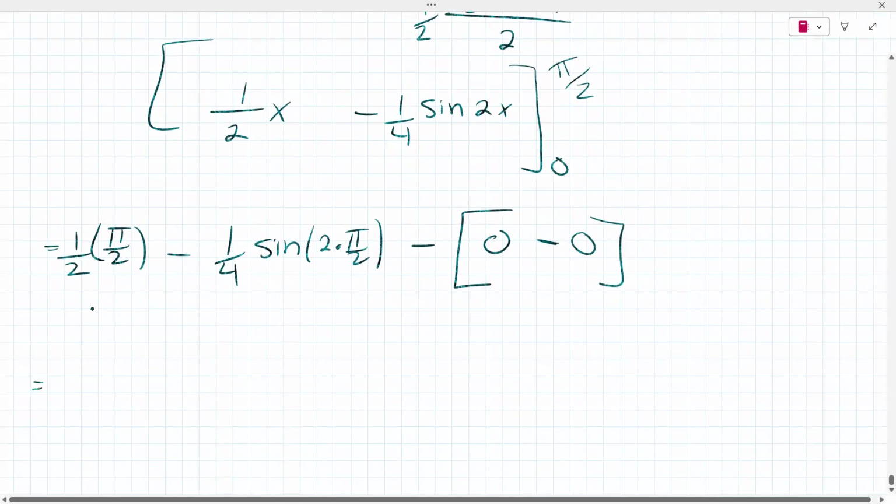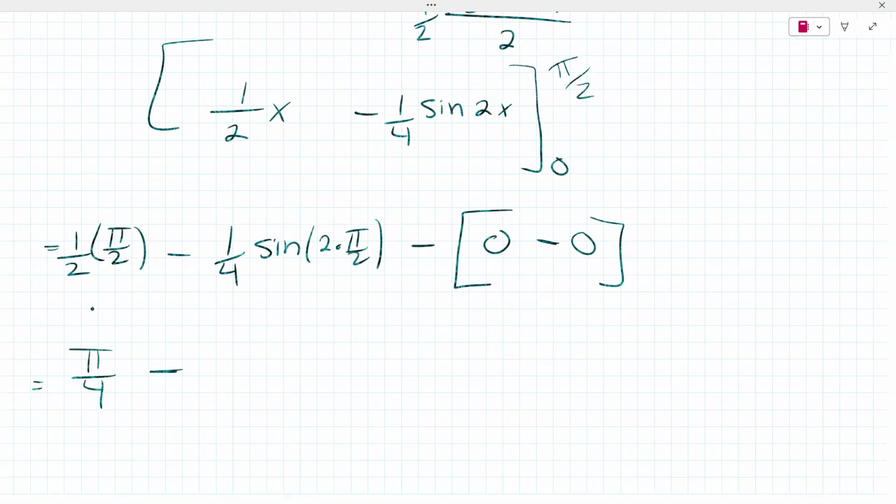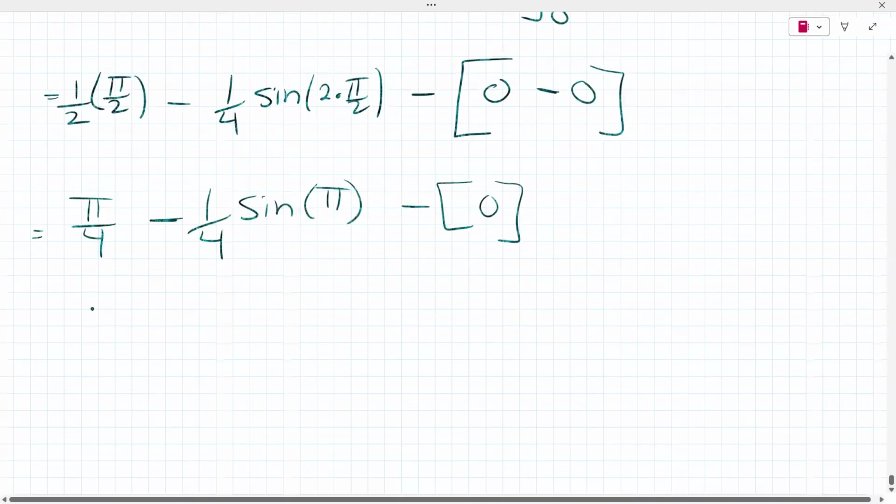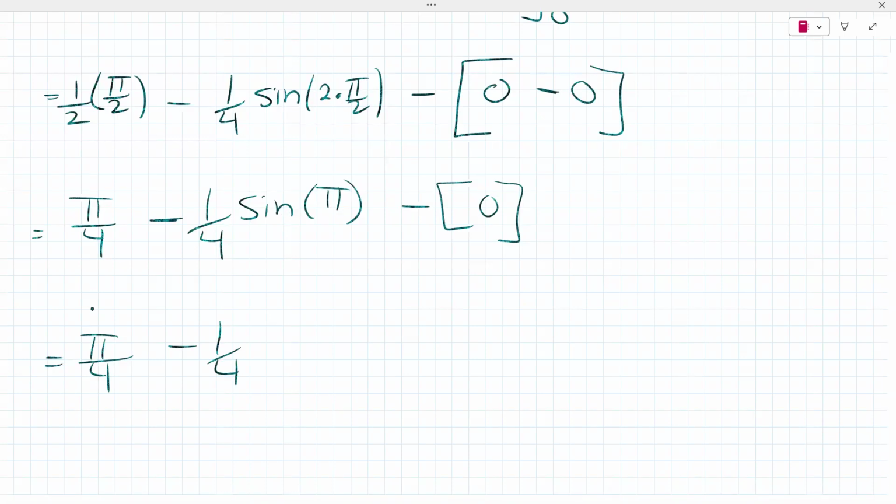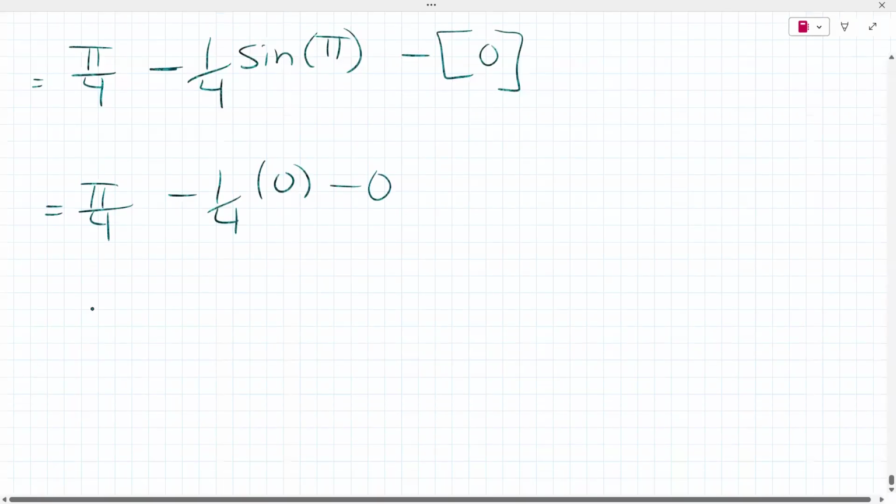Okay. 1/2 times pi over 2 is pi fourths, minus, it's going to be sine, and then the 2's cancel. What's the sine of pi? It is 0. So your final answer is pi over 4.